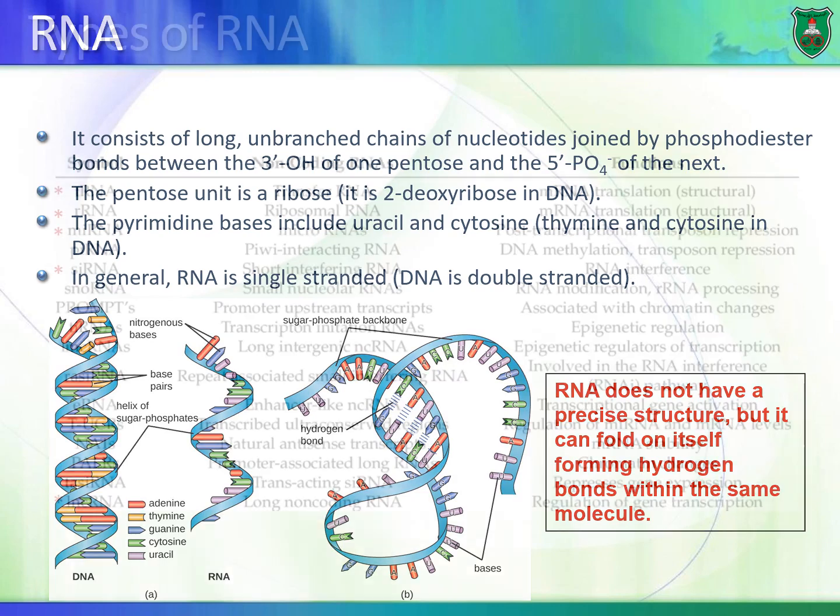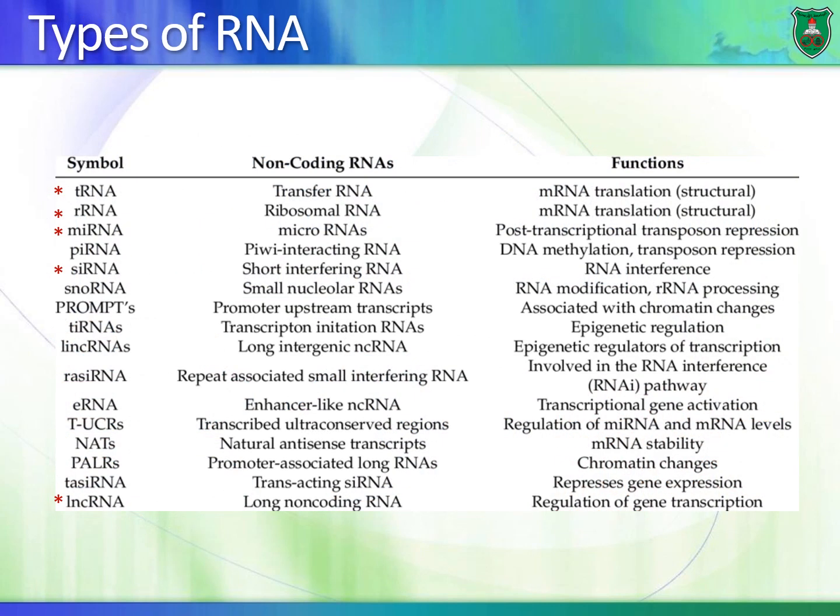Now, you've probably learned that there are three types of RNA molecules: messenger RNA, which is amazingly not written here in this table, tRNA or transfer RNA, and ribosomal RNA. These are the classical RNA molecules.